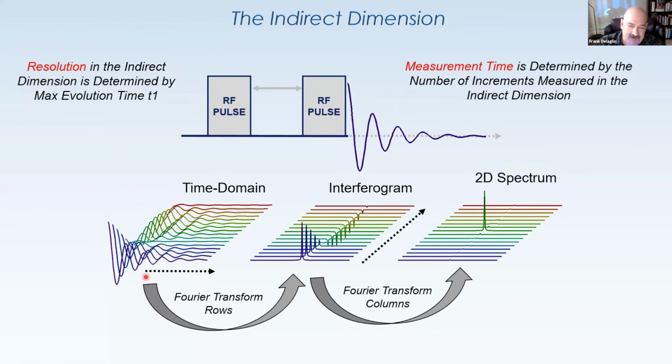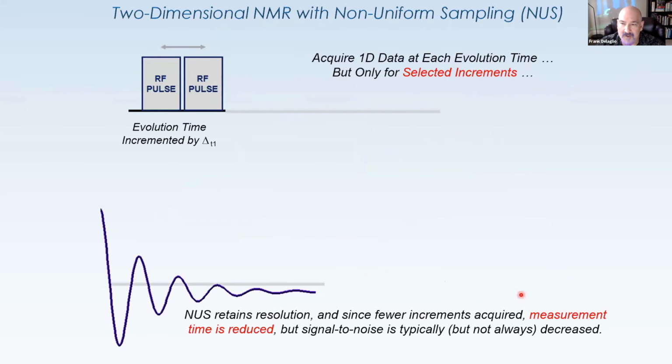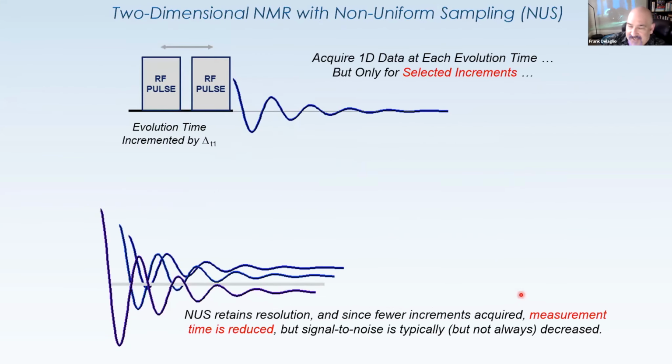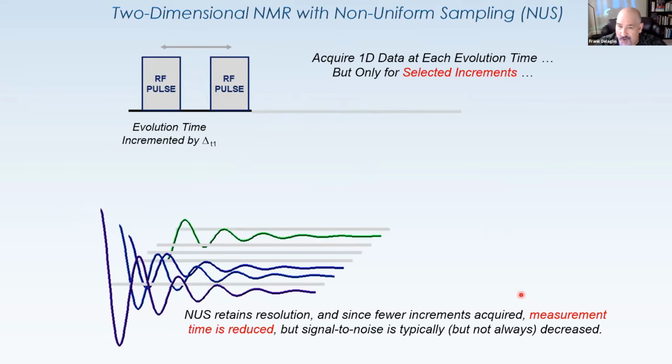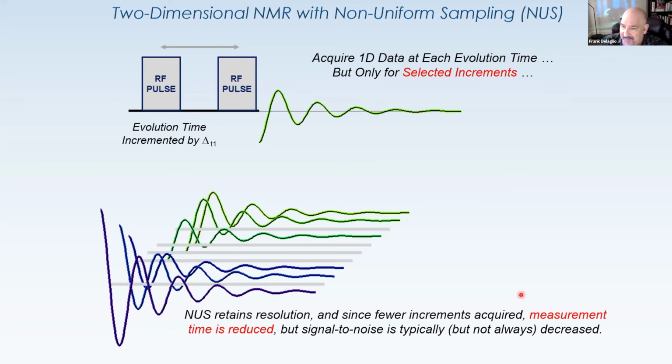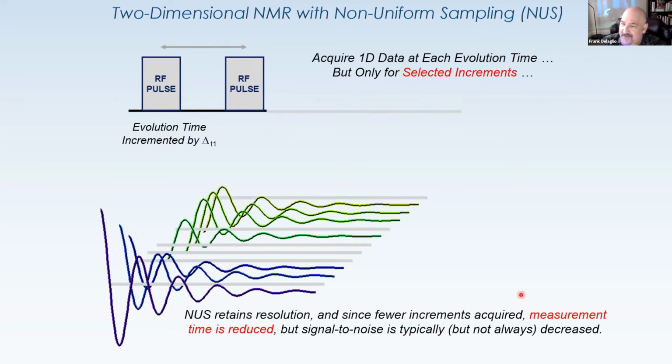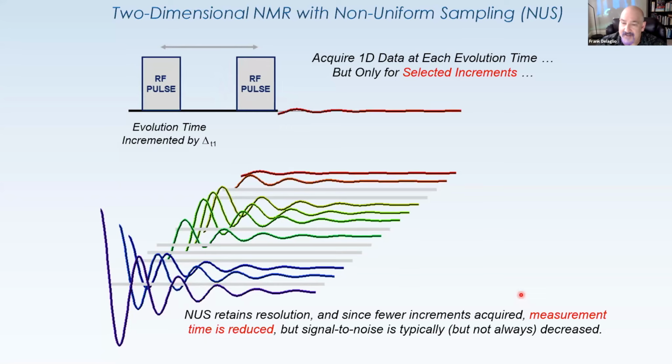And so we have a collection of these measurements that we generate in the time domain. We Fourier transform all those rows to generate an interferogram, and then we Fourier transform all the columns of the interferogram to generate a spectrum. And so what that means is that the amount of measurement time that's required is based upon the number of times we have to repeat this 1D measurement.